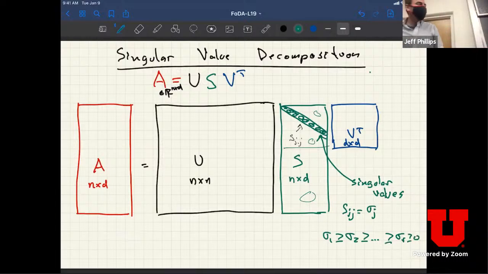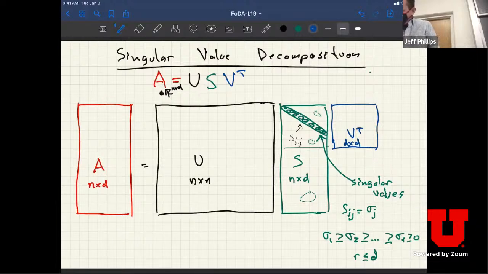R is less than or equal to D, so the smallest ones could be 0, but they're in order. The largest one is in the top left corner, and they're decreasing in order. This captures some notion of the importance of things that we'll see in a second.